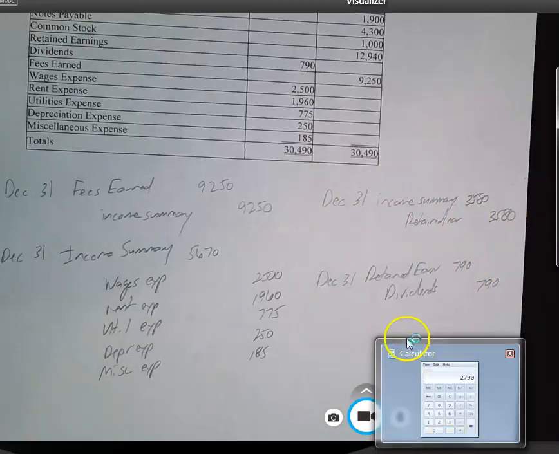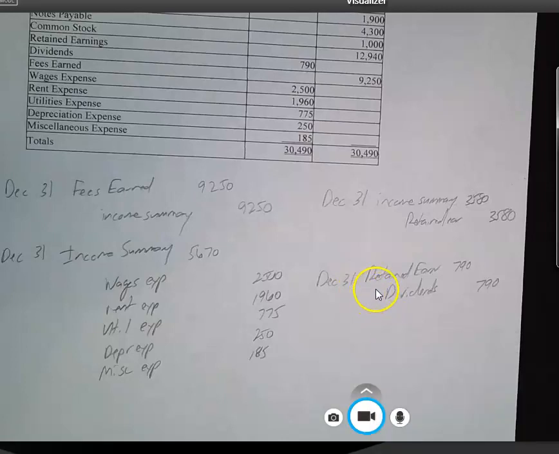And then this fourth entry here will always be this way. We're always going to debit retained earnings for the amount of dividends that we have paid out. So the question only asked us for the 4 entries, 1, 2, 3, 4. We have done them all.